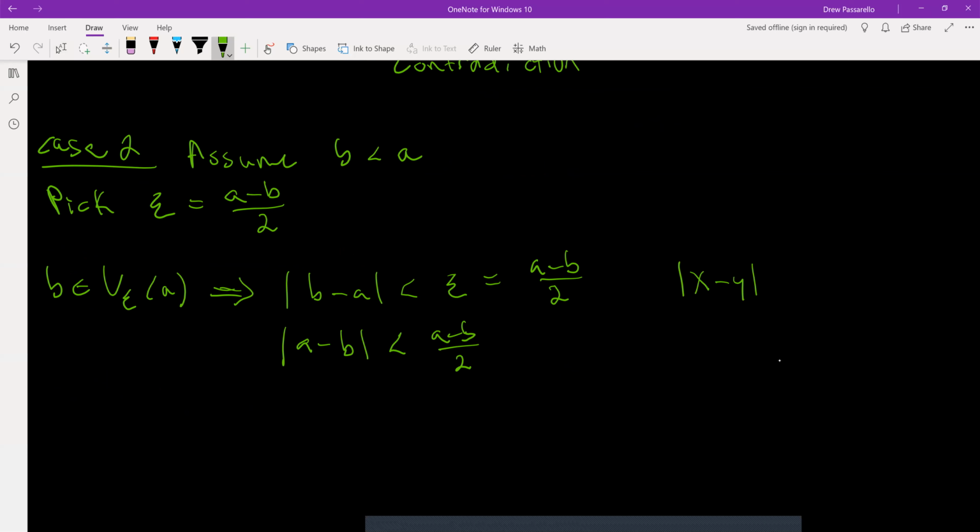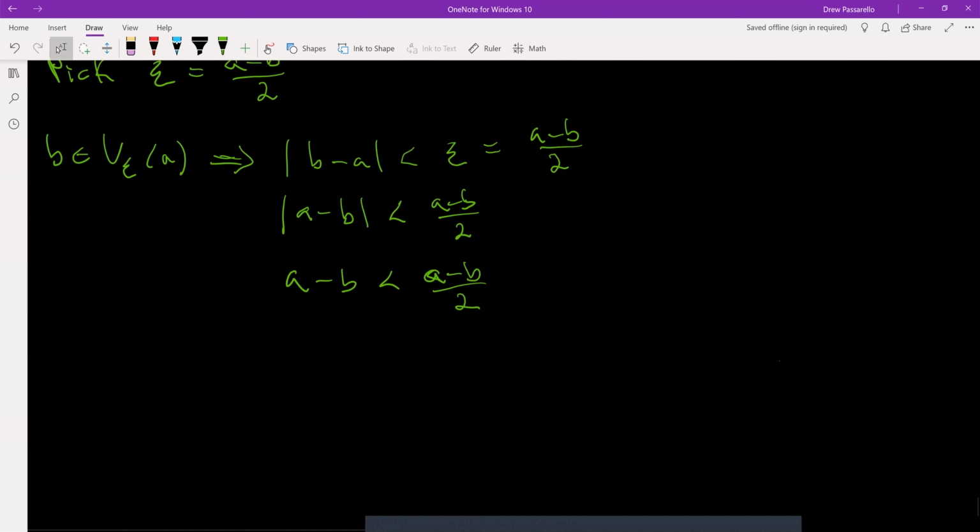Absolute value of x minus y is equal to absolute value of y minus x. And then the absolute value of a minus b is just a minus b, since a is greater than b. So this is like the first case. So it's a minus b less than a minus b over 2. Divide both sides by a minus b, since that's not 0, and you have 1 less than 1/2. All right, contradiction.